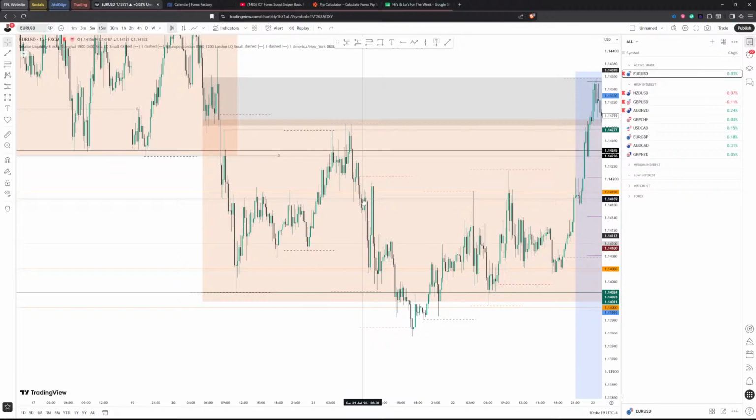And we create an entry instantly as price returns within the next two candles back into that fair value gap.